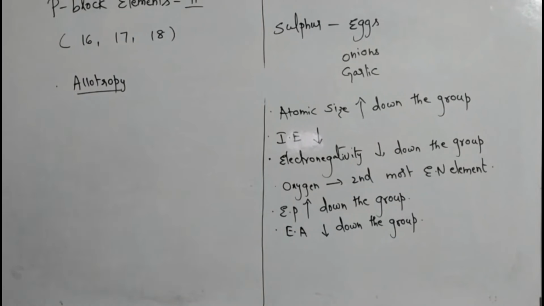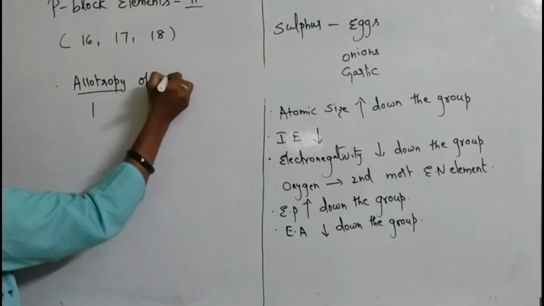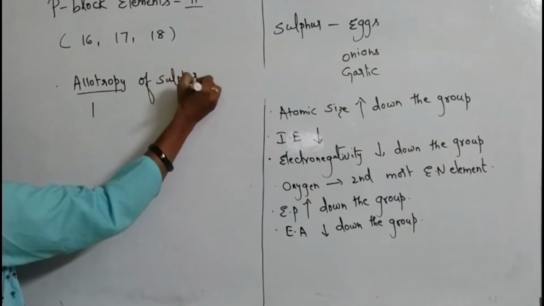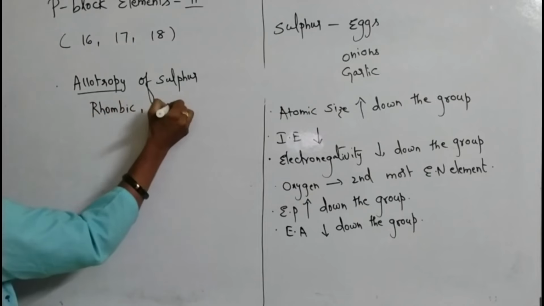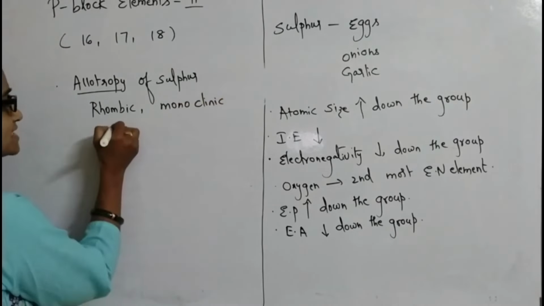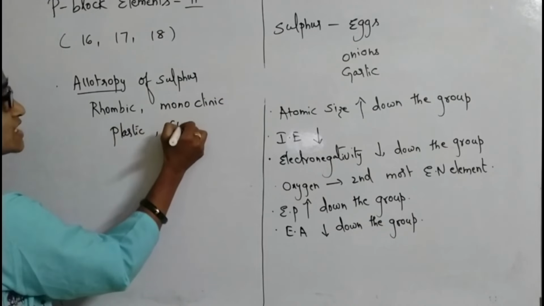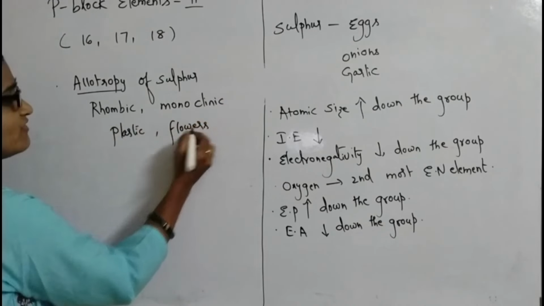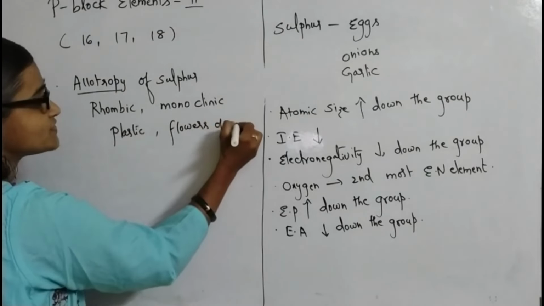Okay, what are the allotropic forms of sulfur? Sulfur exhibits allotropic forms like rhombic sulfur, monoclinic sulfur, plastic sulfur, and flowers of sulfur.